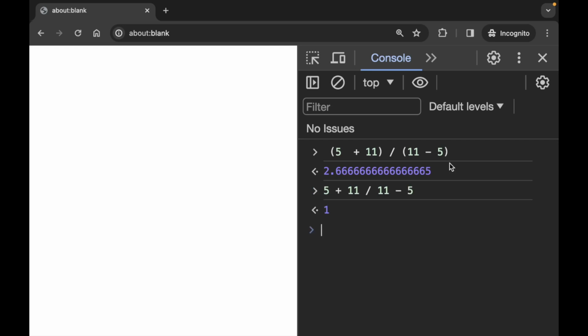Notice these are two different expressions. First we're going to be doing the parentheses, and then we would be doing the division. So here we would be doing the addition, the division, then the subtraction.